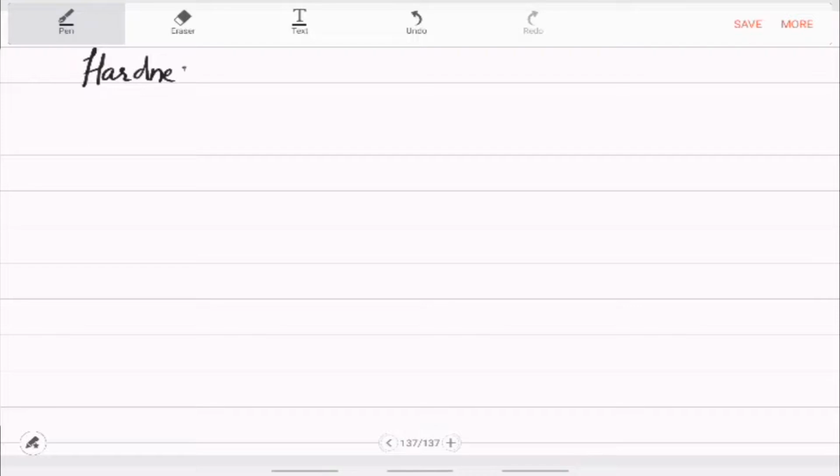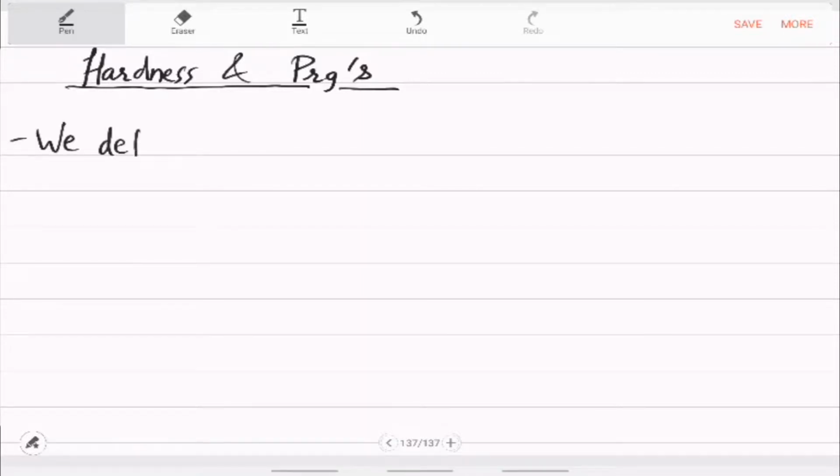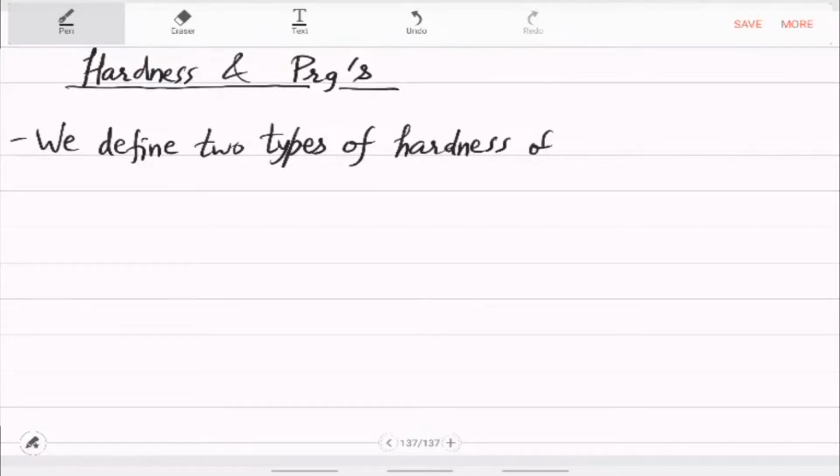So hardness and PRGs. We define two types of hardness of Boolean functions.